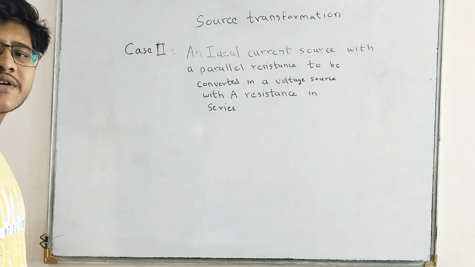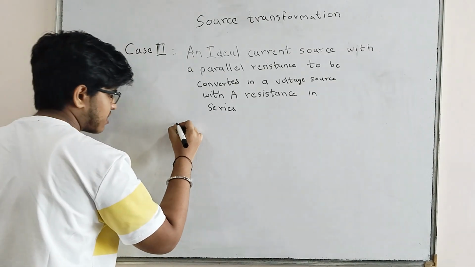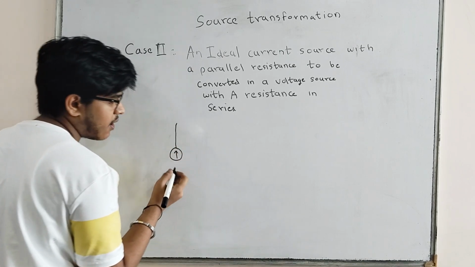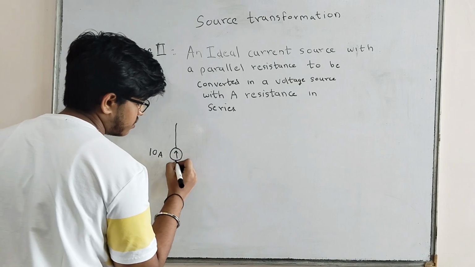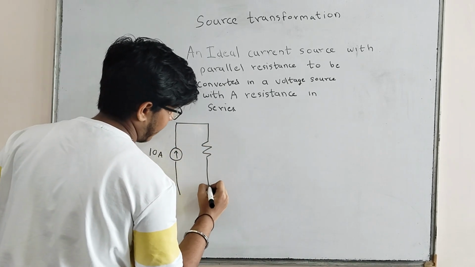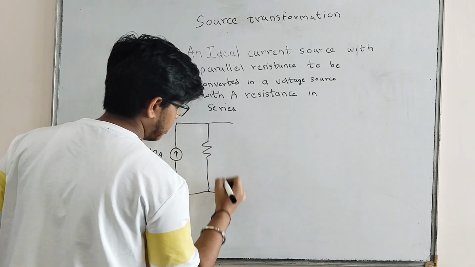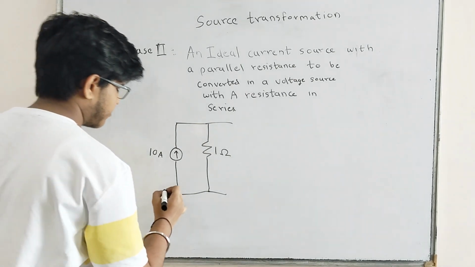Okay, now let us discuss with an example. I will consider a circuit which has a current in upward direction of 10 amperes magnitude and a parallel resistance of magnitude 1 ohm. Now let's name the terminals.